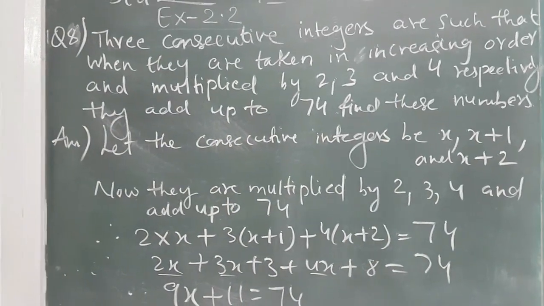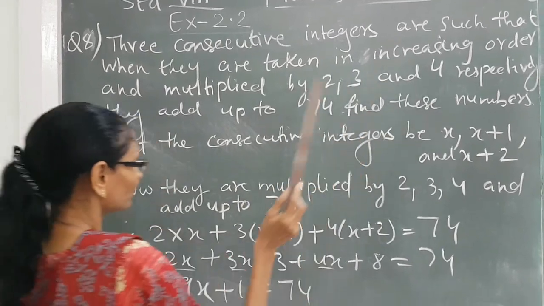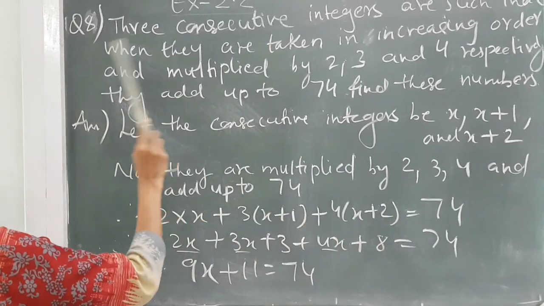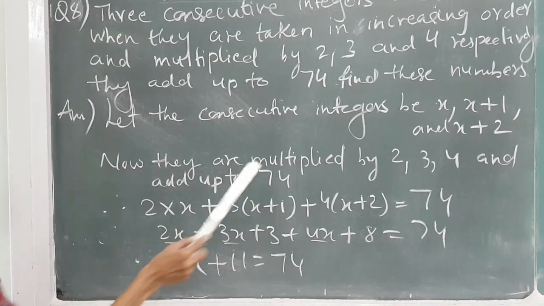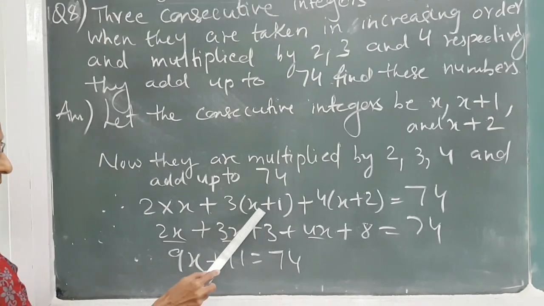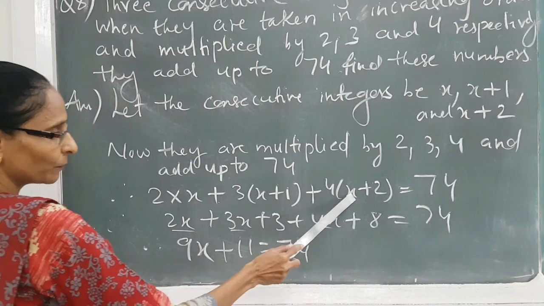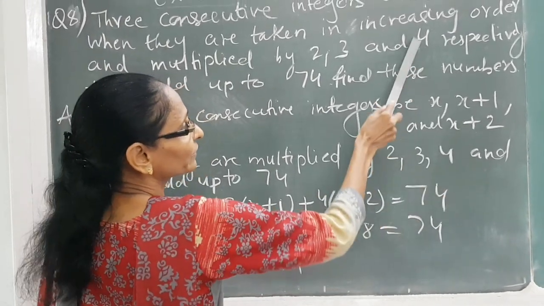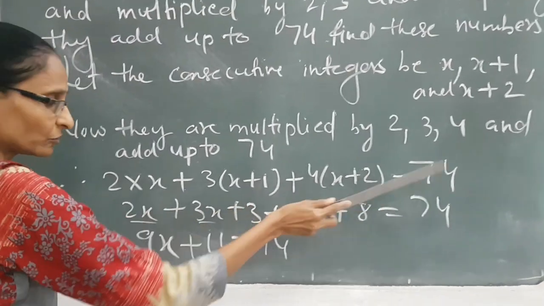Now as mentioned in the question, they are multiplied by 2, 3 and 4 and they add up to 74. Therefore 2 multiplied by x, that is the first is multiplied with 2, plus 3 multiplied by (x plus 1), the second is multiplied with 3, plus 4 multiplied by (x plus 2), that is the third term is multiplied with 4, is equal to 74 because they add up to 74.